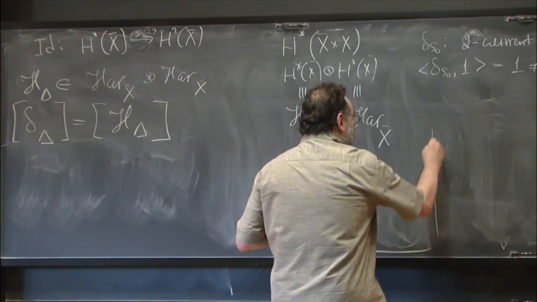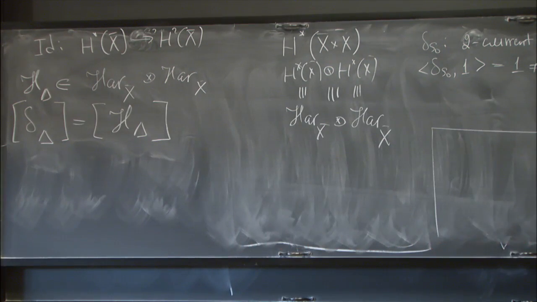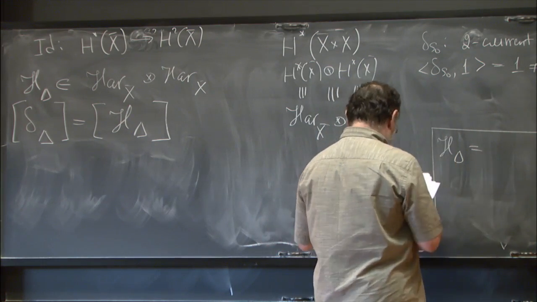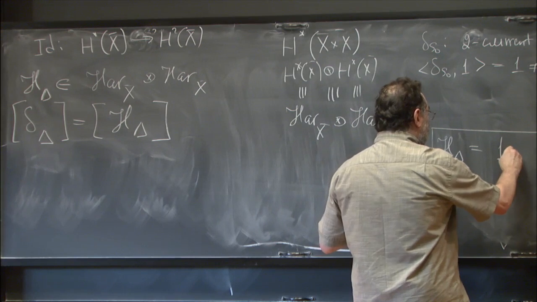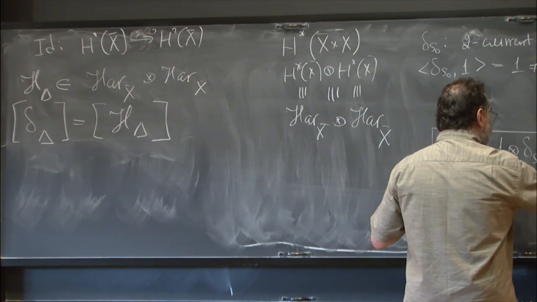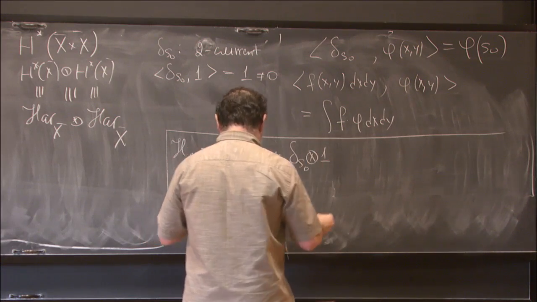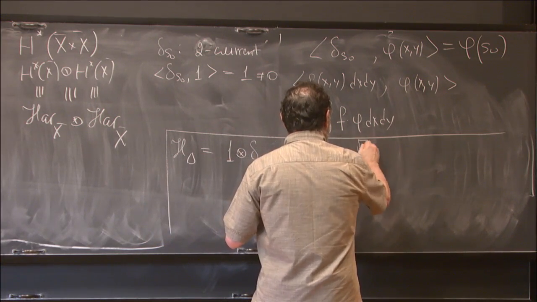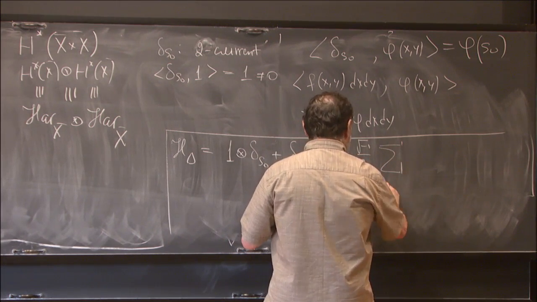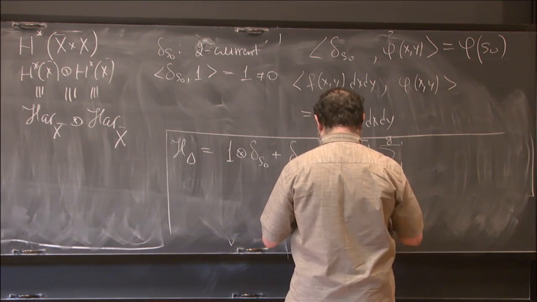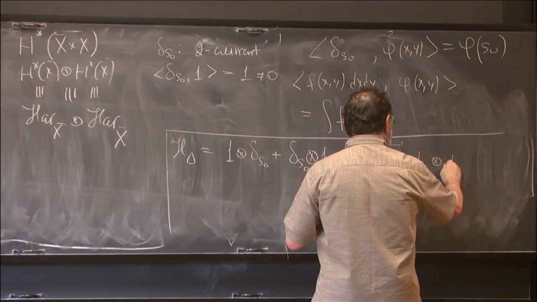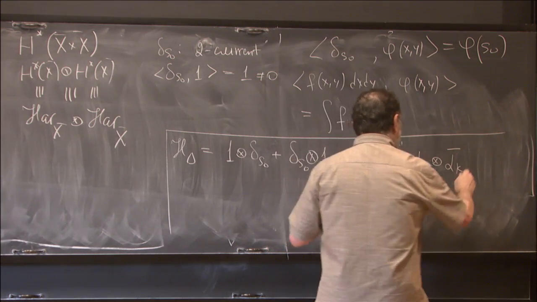If you want, I can write this down concretely, what this H delta is. It is something like 1 tensor delta S0 plus delta S0 tensor 1 minus square root of minus 1 over 2 times the sum for k from 1 to g of alpha k tensor alpha k bar minus alpha k bar tensor alpha k, where I choose some basis in the harmonic forms called alpha k and alpha k bar.